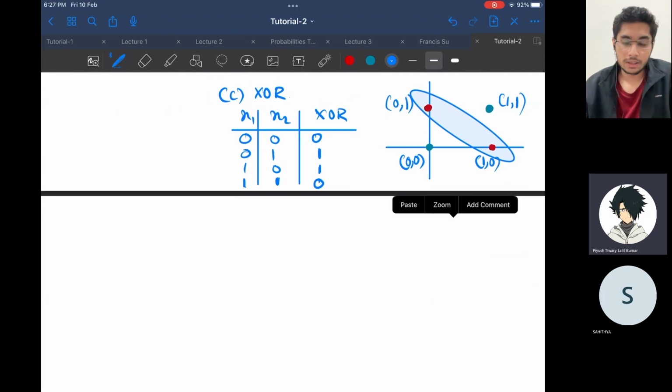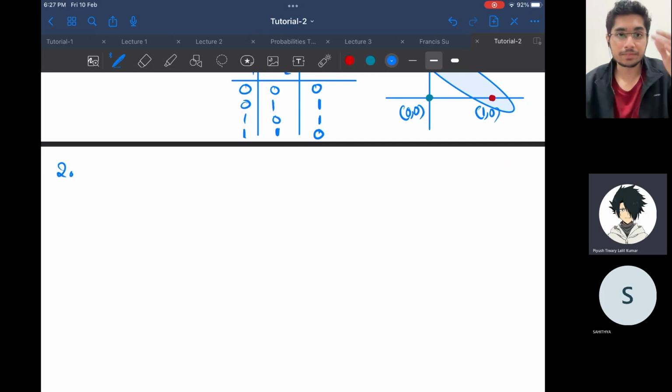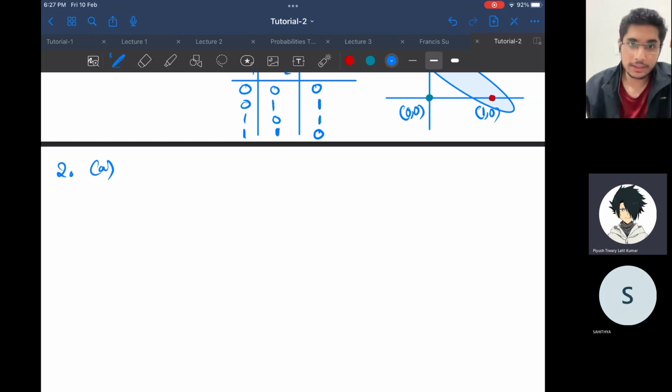Now coming to the second question, which asks which of the following statements is true. Let me write. The first option is: a perceptron can be used to approximate any function to desired precision.